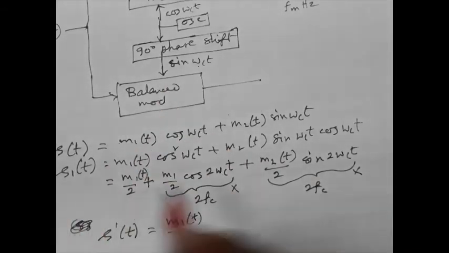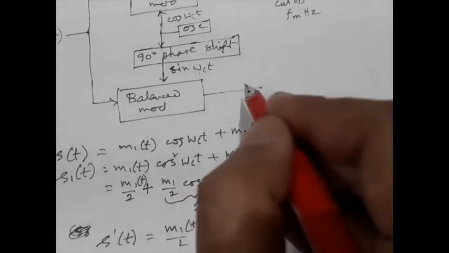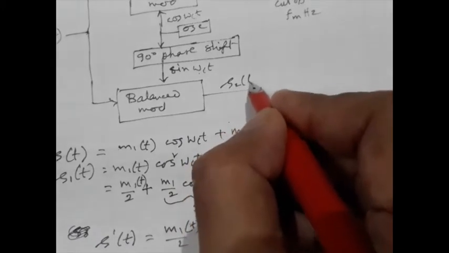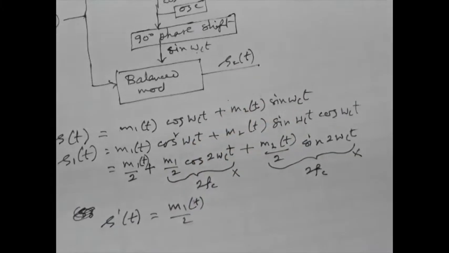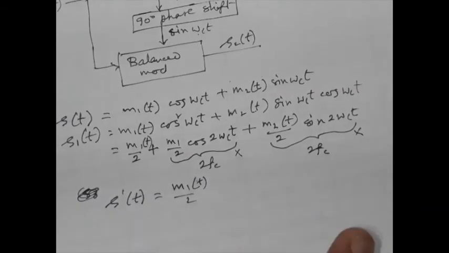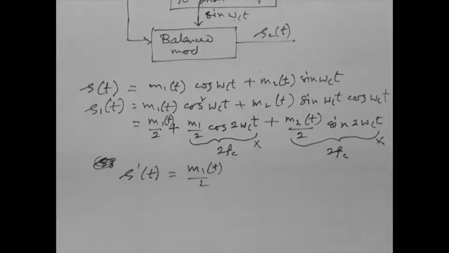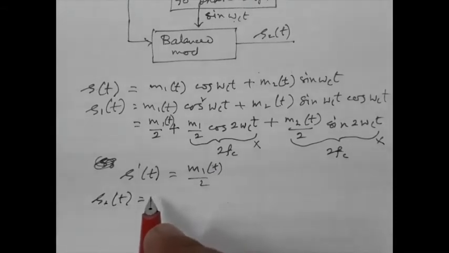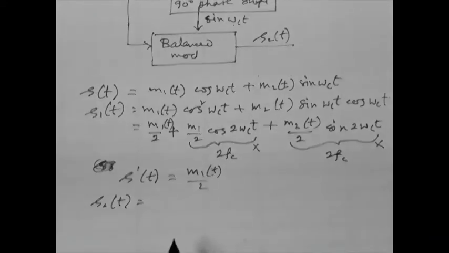So what happened to the second channel? So this signal is S2(t). Okay. Then this S2(t) can be written as, S2(t) is the multiplication of S(t) and sin omega ct.